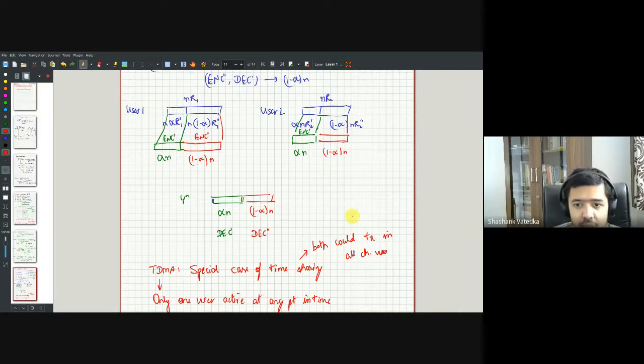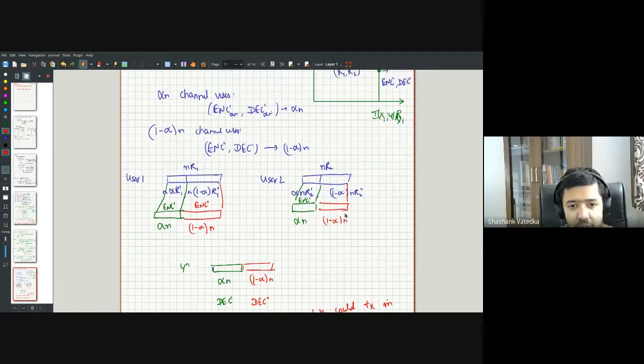All right. Since we're using a different set of encoders and decoders for alpha n channel uses and the remaining 1 minus alpha n channel uses, let's for now assume that alpha is less than half. The overall probability of error, as we've seen, decays exponentially in the block length.